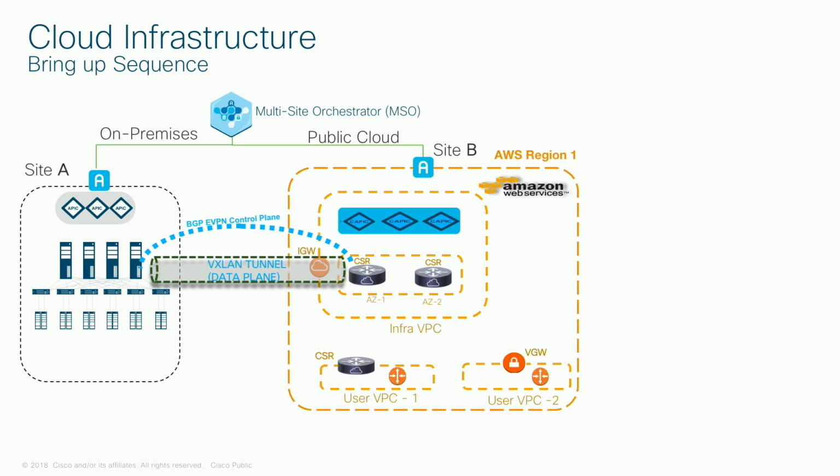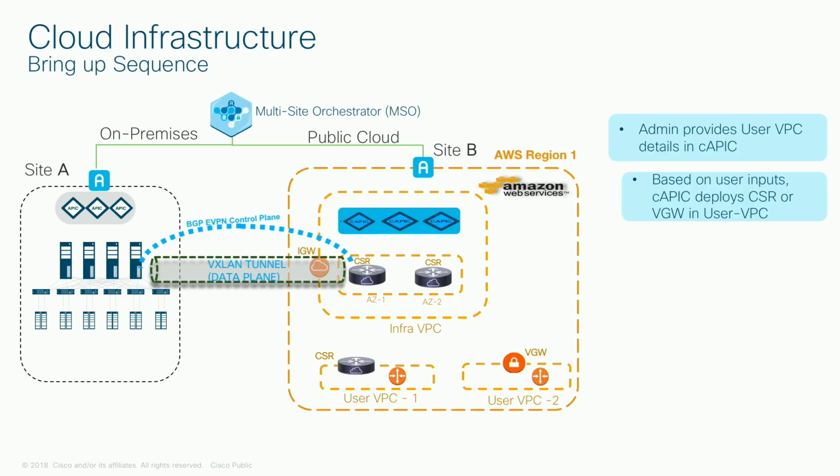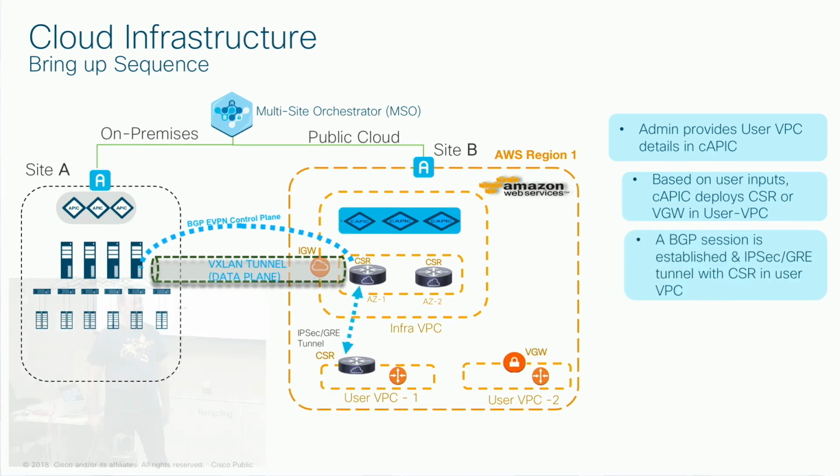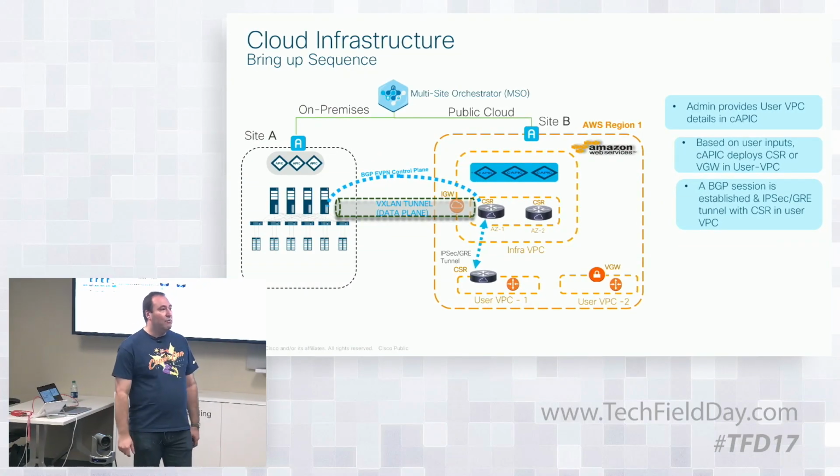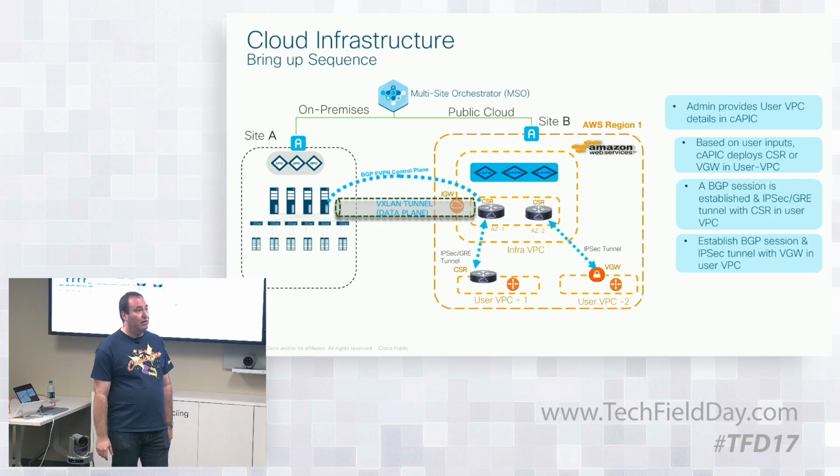So moving on, the other thing you'll do is if you have VPCs that are already in your account, you can connect them into your infra VPC that we just created. We'll deploy either a CSR or a BGW, your choice. The default right now is BGW, so the Amazon construct, the VPN gateway.